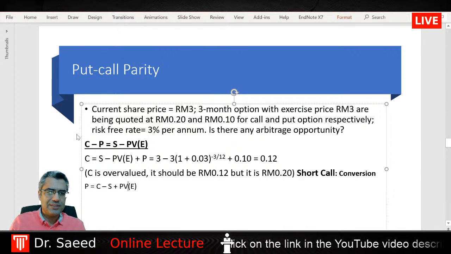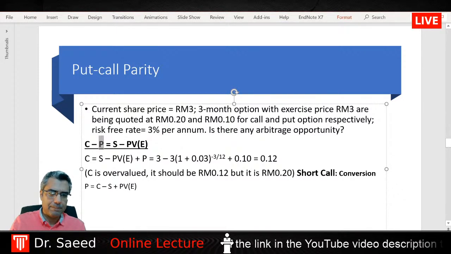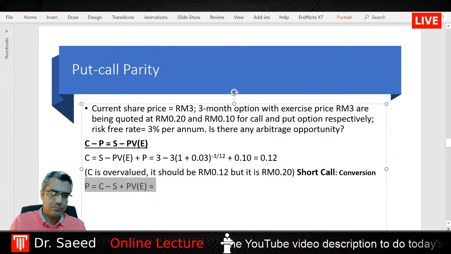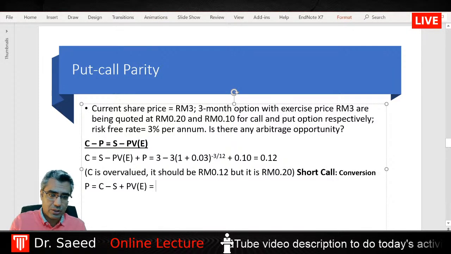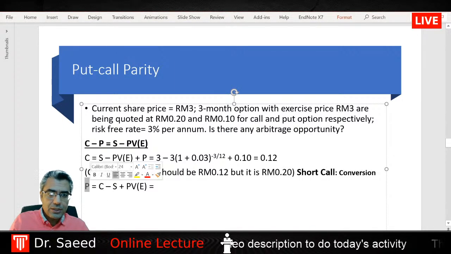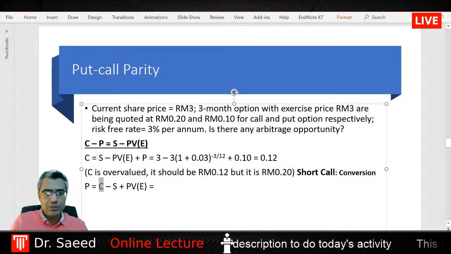Again, I use the same equation and rewrote it to find P. Assume you don't know the put price, but we know the call price in the market is 20 cent.